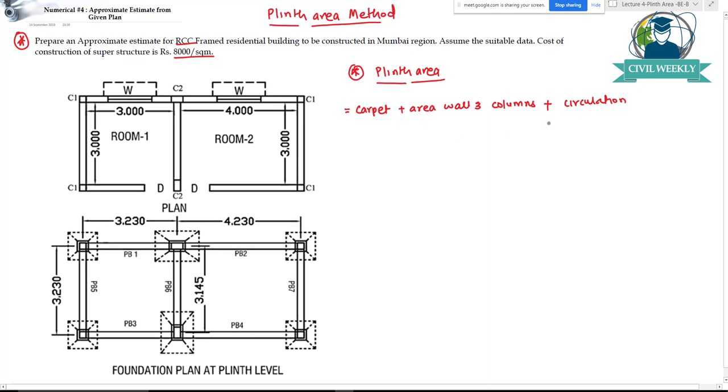So how will I find out this carpet area and area occupied by walls and columns from this particular plan? Can I just do one thing? I will just mark the endpoints. This will be the end point for this corner, this will be the end point of this corner, this will be the third end point, and this will be the fourth end point.